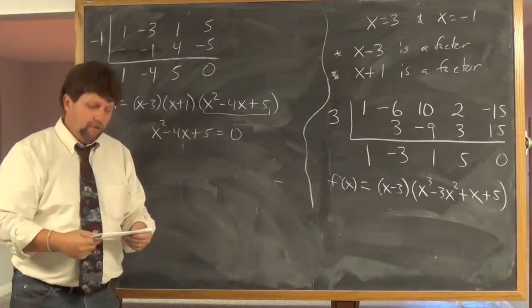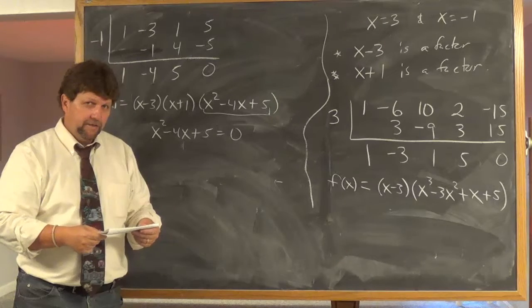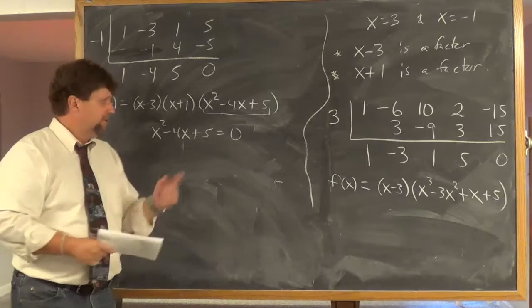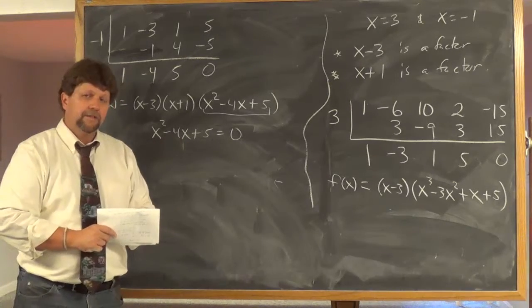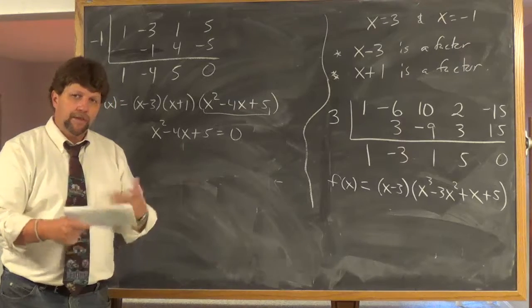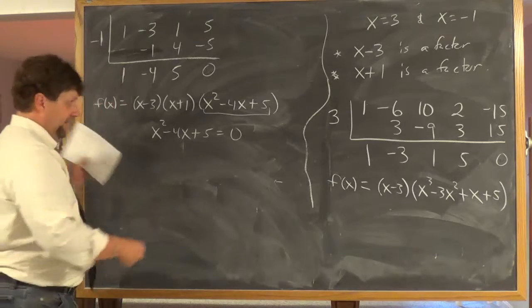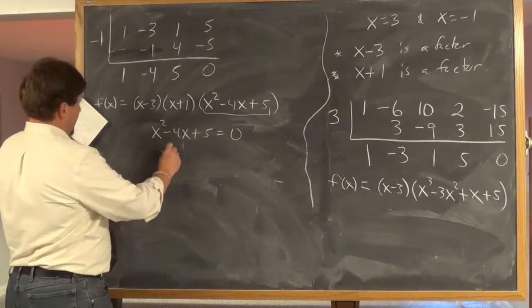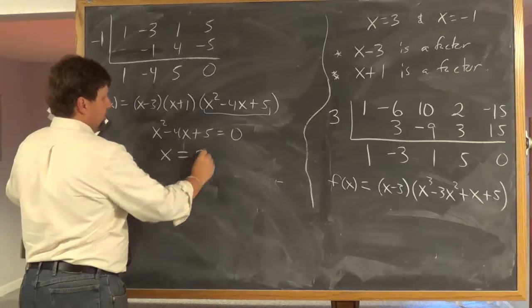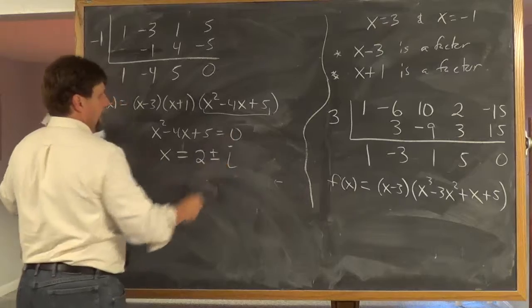It's not going to factor. You're going to have to use the quadratic formula on this. I'm going to save the work of the quadratic formula for you. I think you know how to use it. But here's what you're going to get: x equals 2 plus or minus i.